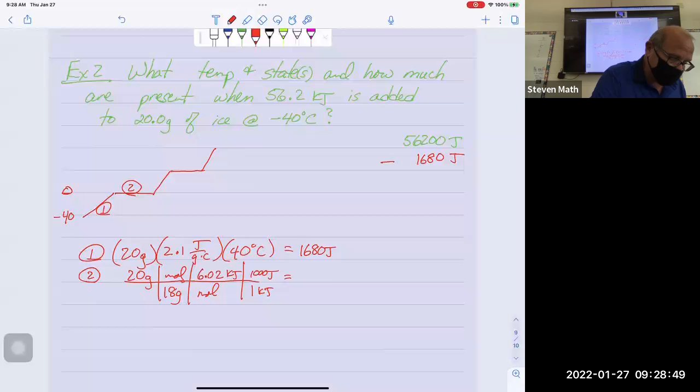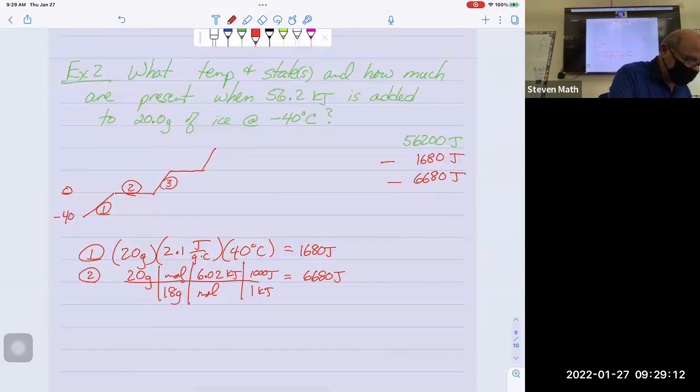That one's going to cost us 6,680 joules of energy. So we've only burnt off 8,400-ish of 56,000. So we got a lot of energy left to go.